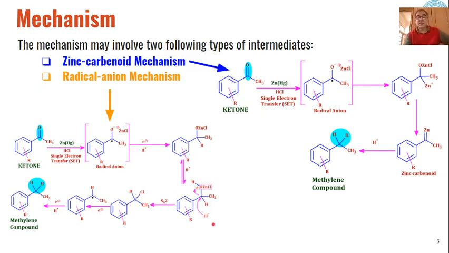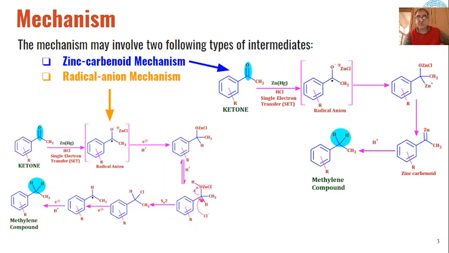Then the chloride ion as a nucleophile attacks this carbon, and there will be a bimolecular nucleophilic substitution reaction at this place. So the chloride ion will be substituted by this group, and this is an SN2 or bimolecular nucleophilic substitution step.